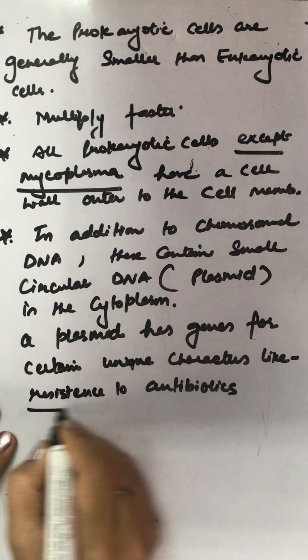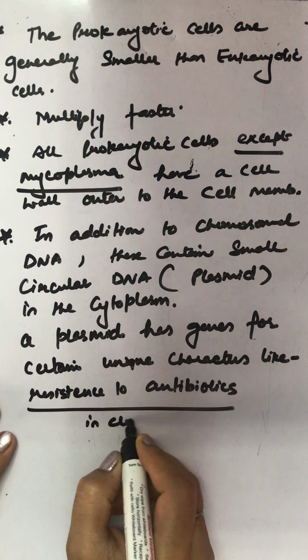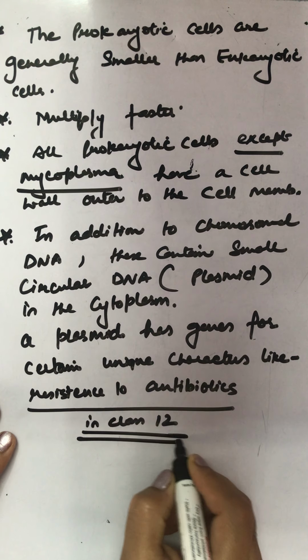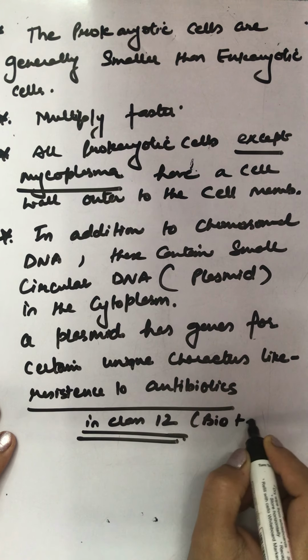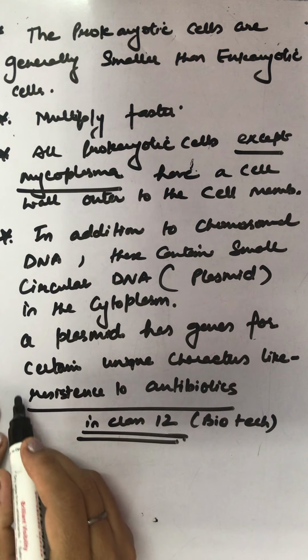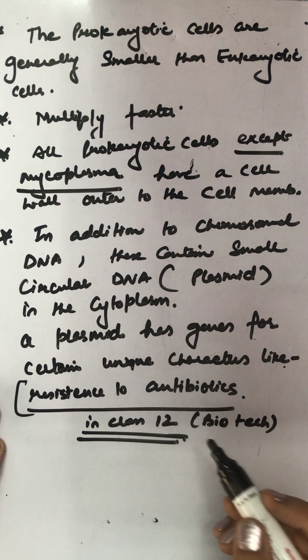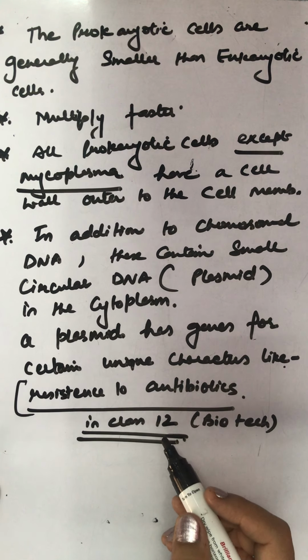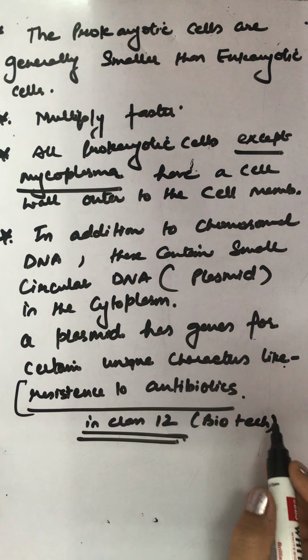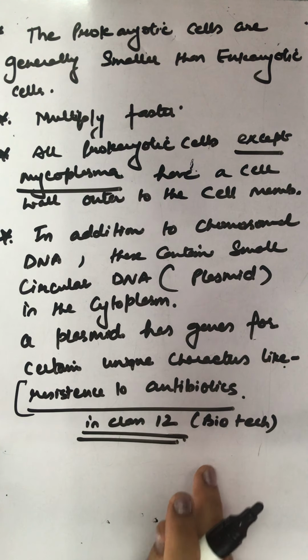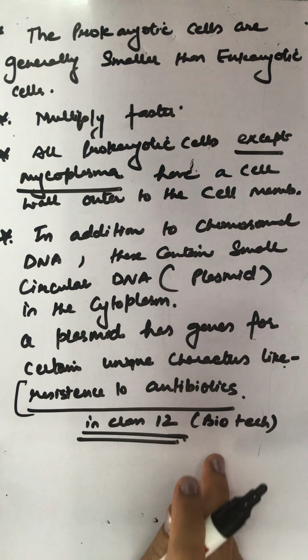This we are going to study in detail in class 12, biotechnology chapter. This chapter is mainly based on how do we make plasmids resistant to various antibiotics and how do we make recombinant DNA using E. coli. So this is all related here. Okay. Then we move to the main one.